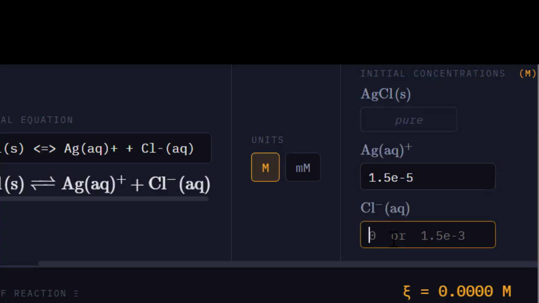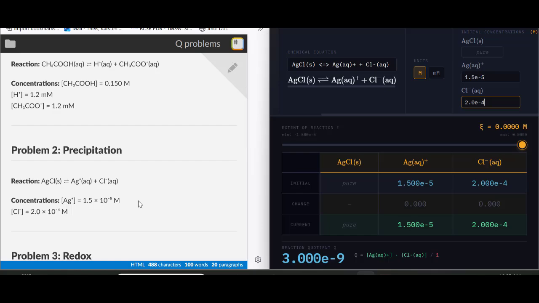Okay, and the other one is 2.0E minus 4. Again, we can drop the molar because it's in molar already. If it were in millimolar or in some other unit, we would have to convert to molar first and then drop it. Okay, this is all done.